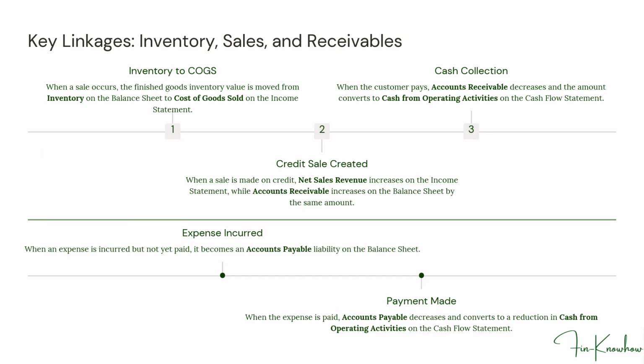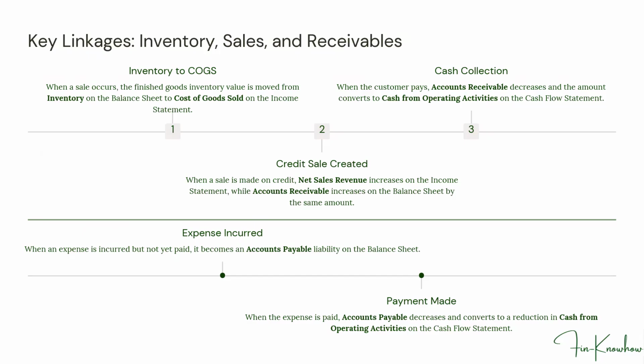Right. So as you can see, there is a strong connection between what's on the balance sheet as a sale occurs, how that converts into sales, as well as the accounts receivable, and how it changes when that accounts receivable is created.